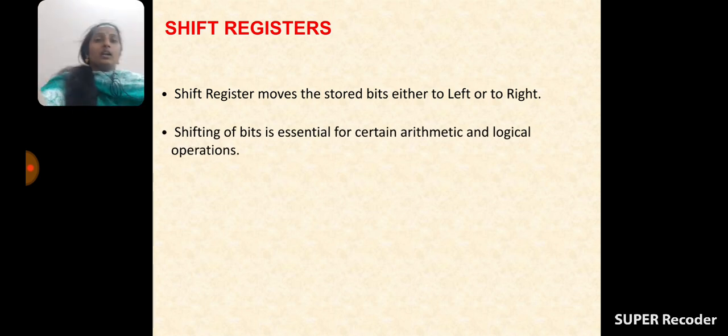Okay, according to the horizontal connection, that means left and right, the shift registers are of two types. Here the already stored bits are moved either from left to right or from right to left.